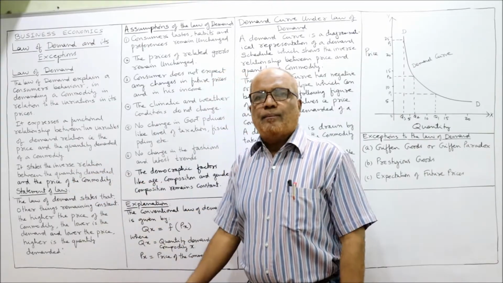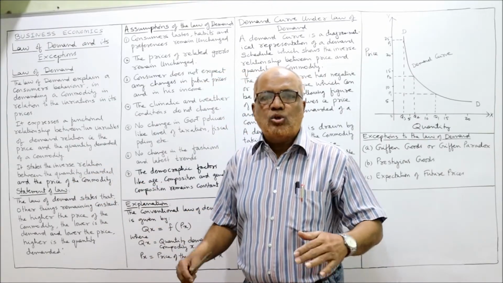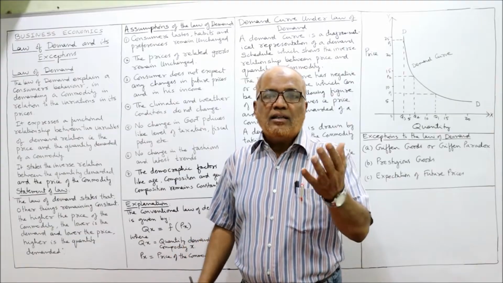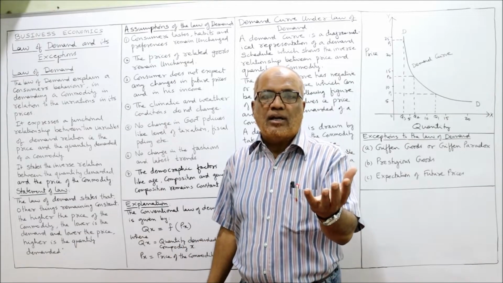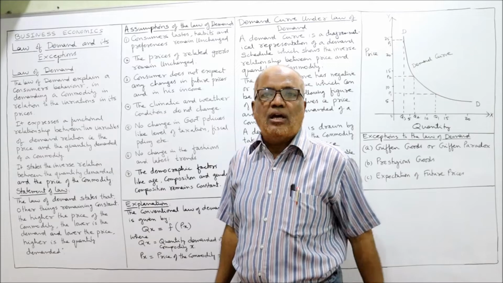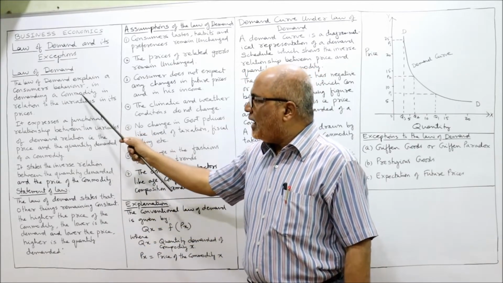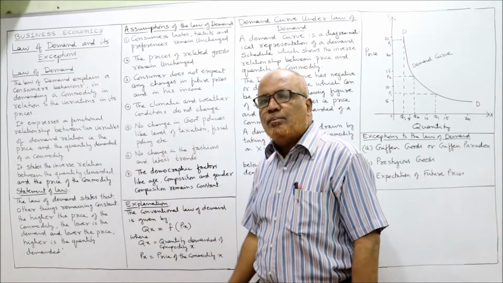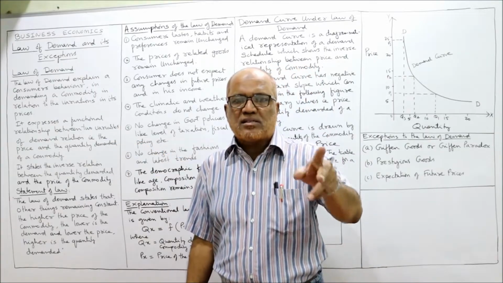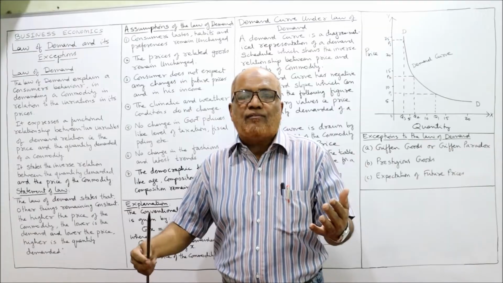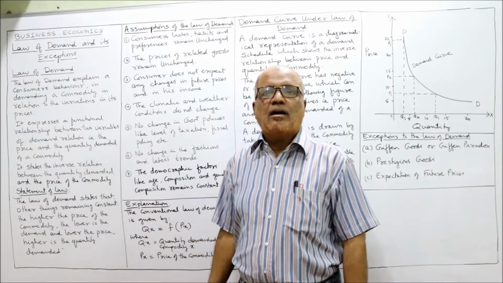The law of demand explains the consumer's behavior in demanding a commodity in relation to variation in price. As the price varies, how does the consumer behave in demanding the commodity?